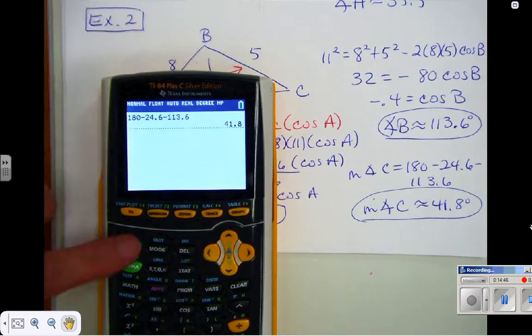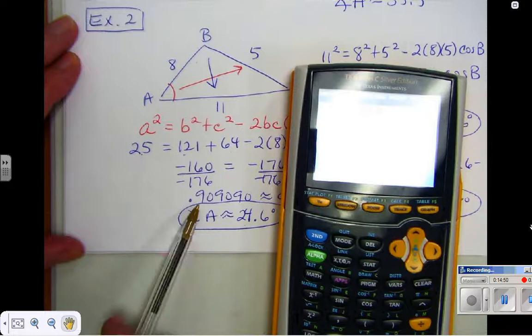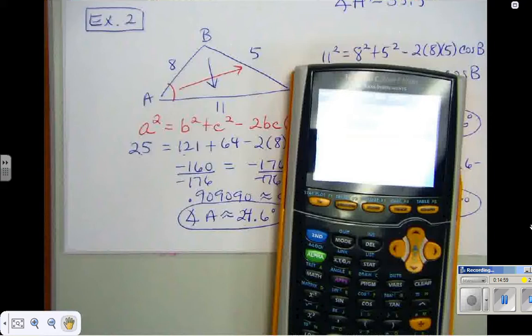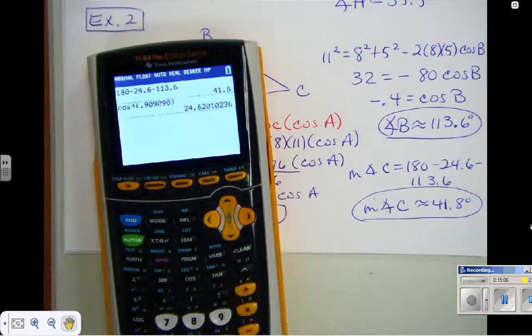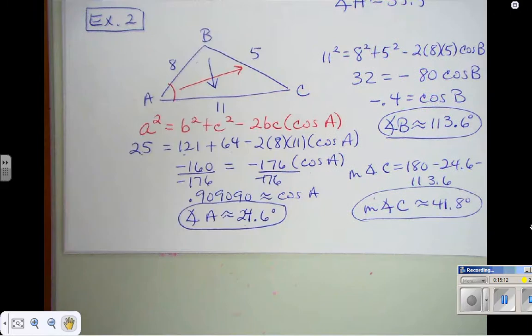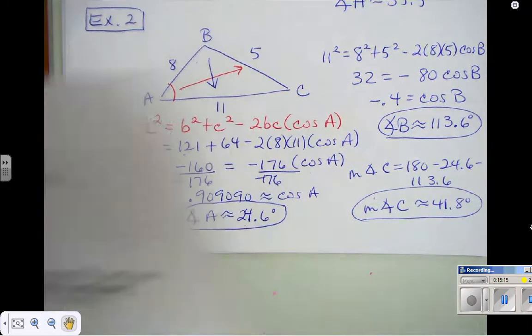So you press second cosine and then type in your decimal, 0.9090, and that gives you the angle. Okay? So when you're looking for the angle, use second function cosine or sine or whatever. All right, so let's look at the last problem.